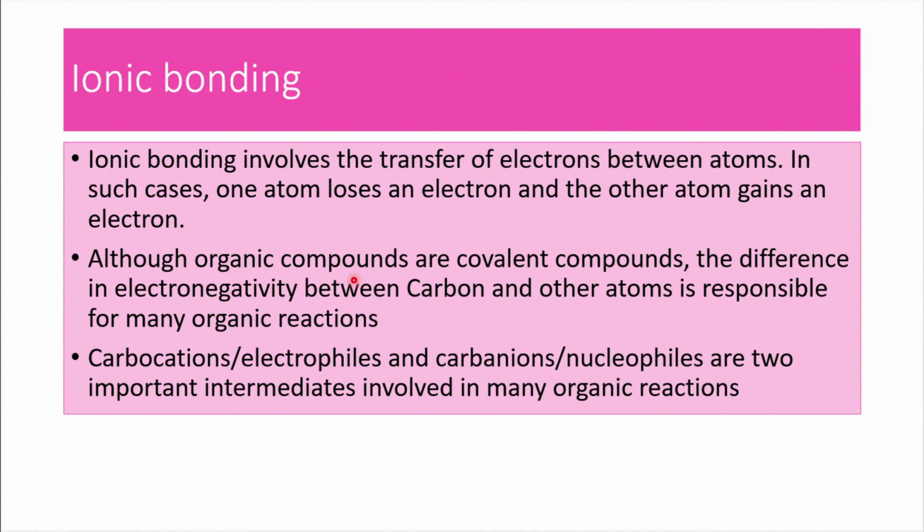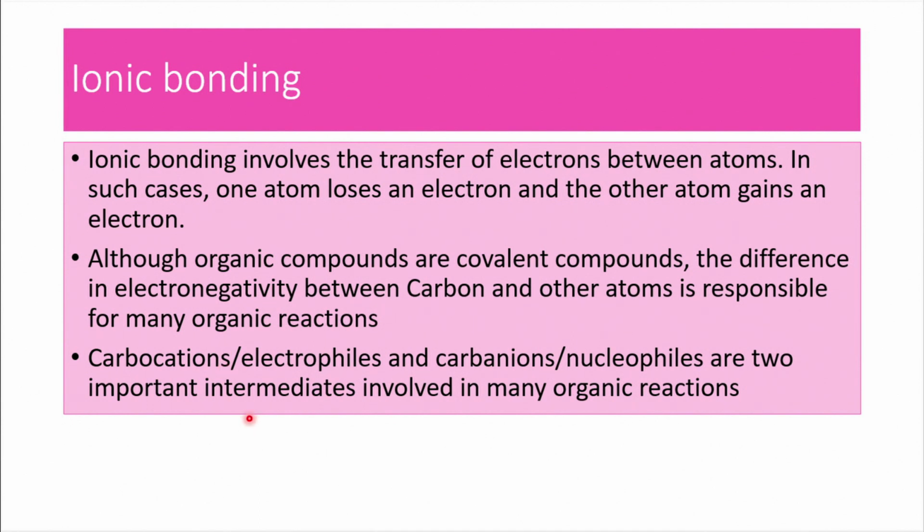In organic compounds, the electronegativity difference between carbon and, say, halogens or oxygen or nitrogen is mainly responsible for many organic reactions. Carbocations, electrophiles and carbanions or nucleophiles are the two important intermediates involved in many organic reactions. These are the ionic species we will be encountering in this particular course.